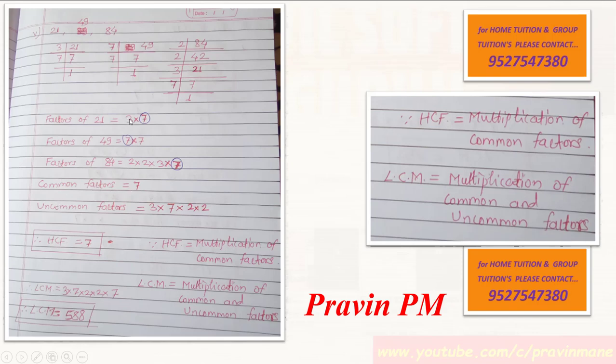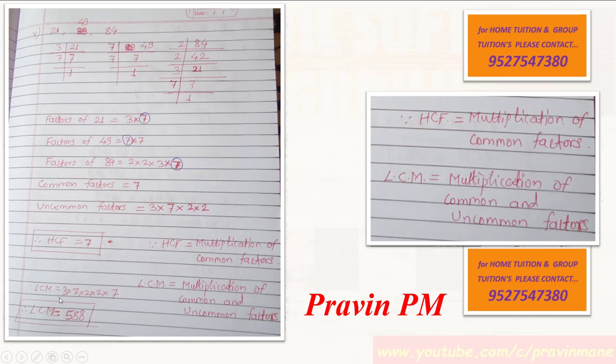Uncommon factor 3, 1 time 3 is uncommon. 1 time 7 is uncommon. And 2 is 2 times uncommon, so 2 times 2 is taken. So HCF is 7, the multiplication of common factors.